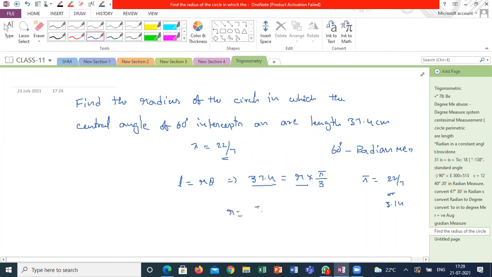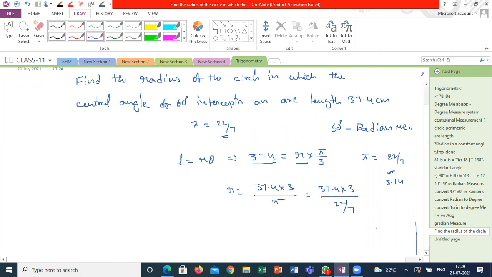So my r is equal to 37.4 into 3 by pi, which is 37.4 into 3 by 22 by 7. What value do you get, guys? Approximately 35.7 centimeter.